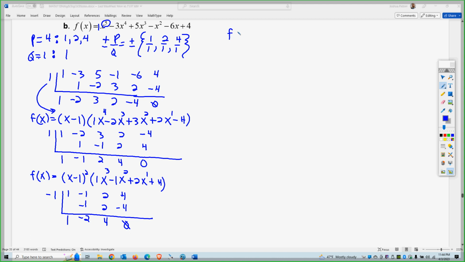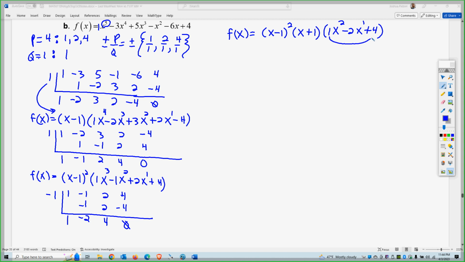So f of x equals, I have x minus 1 twice, and I just took out a -1. So if I take out a -1, that's x plus 1 as a factor. And I'm left with 1x minus 2x plus 4. Okay, and since the prior one I was factoring was 3, now I'm down to 2.